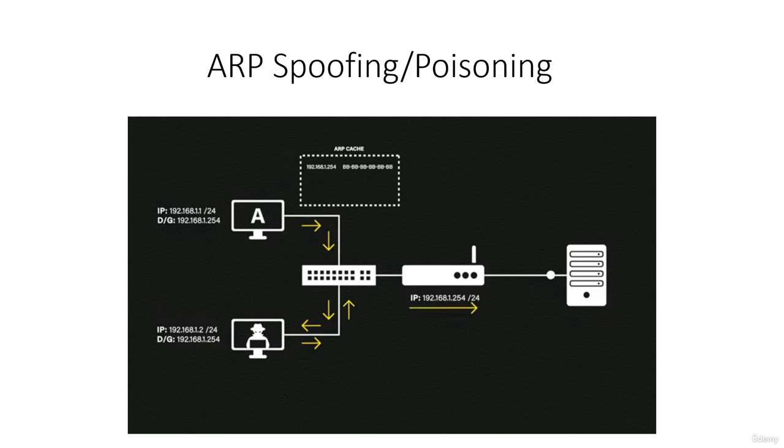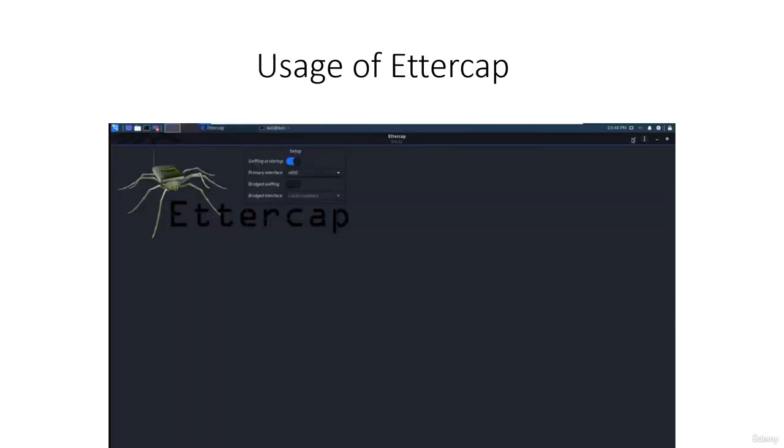So let's see how we can use a tool like Ettercap to achieve such a task. Let's first see how to use Ettercap. If you have a Kali Linux operating system, then the Ettercap program is installed by default on this system. Ettercap has a graphical interface that's very beginner friendly, unlike many programs that are command line only.